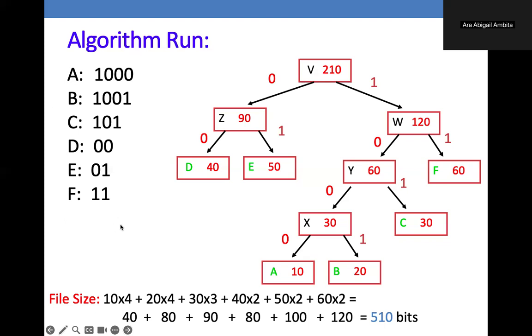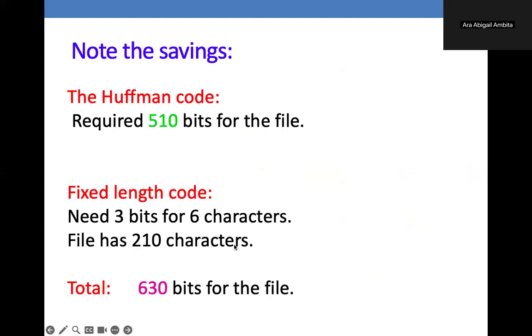For C, C occurs 30 times, times 3, since the length of C is 3, since it's 101. The frequency of D is 40 times 2 as its length. And then E has a frequency of 50 times 2. And then F has a frequency of 60 times 2 as well. So we have a total of 510 bits.